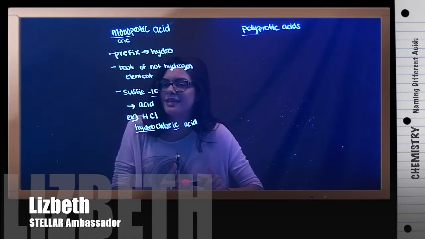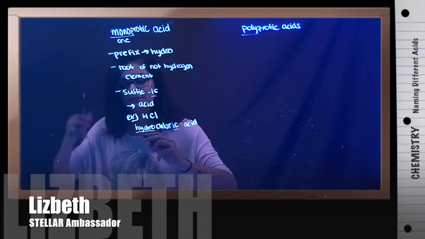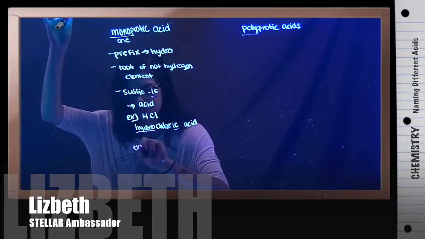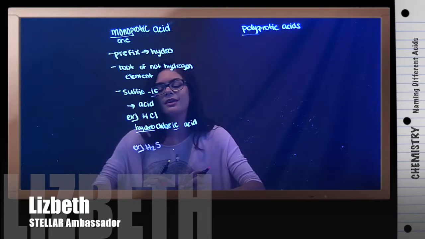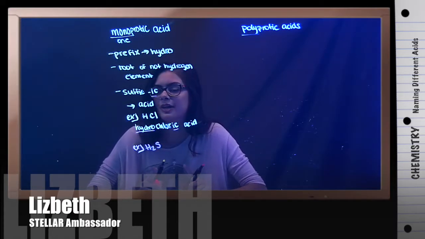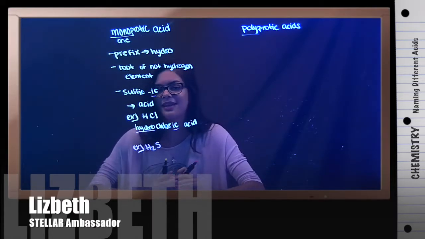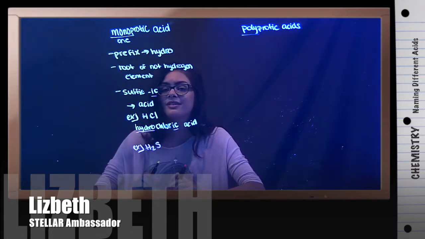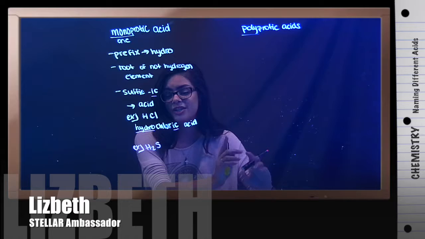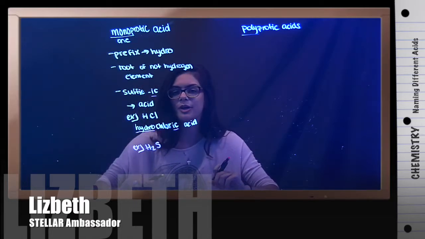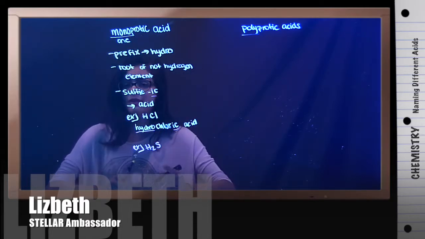Let's do another example really quickly. This one you might look at and think it might not be monoprotic because there are two hydrogens and a sulfur. However, there are still only hydrogen and sulfur. There's only one other thing other than hydrogen, so this is still considered a monoprotic acid. So we're going to follow the same naming rules.